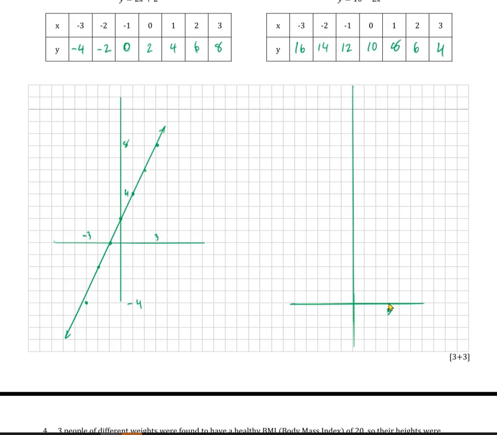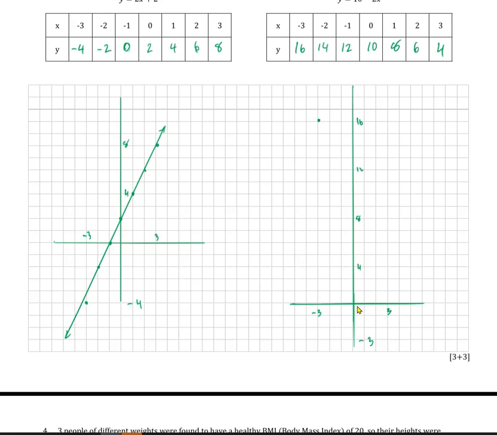Okay, so that's going to be 3, that's minus 3. 1, 2, 3, 4, 1, 2, 3, 4, 8, 9, 10, 11, 12, 13, 14, 15, 16. So the first one here is minus 3, 16.